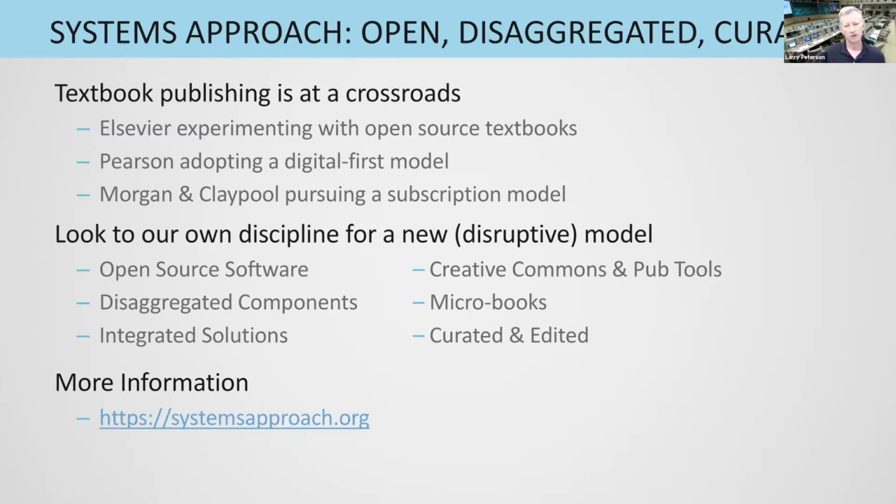We started with an introductory networking textbook, and what we have done since then, in addition to putting that online, is spin off some microbooks, which are about chapter length on narrow topics. 5G and SDN are the first two. And we kind of think of that as a model for how we can generate more content going forward.